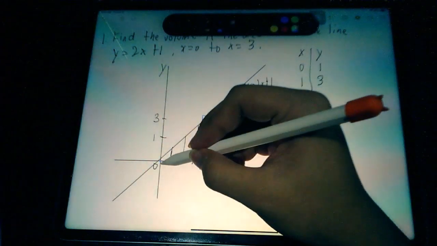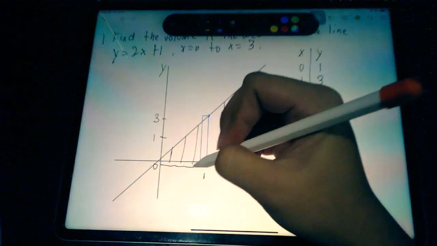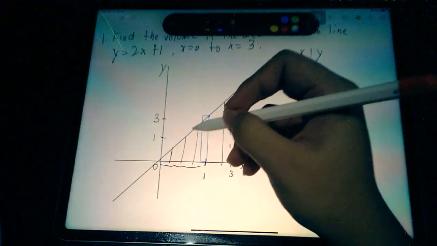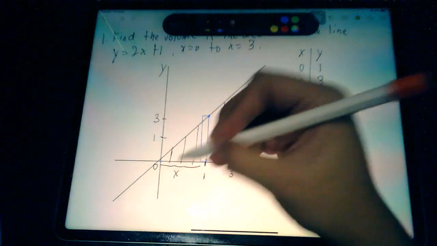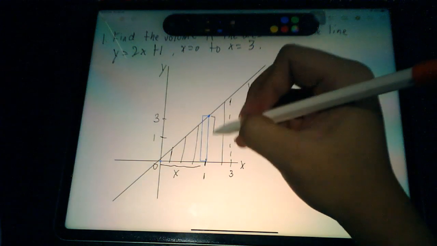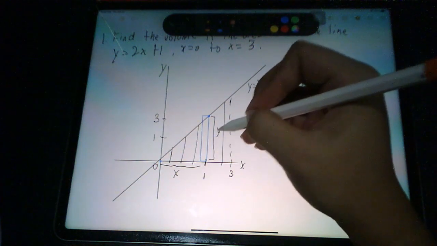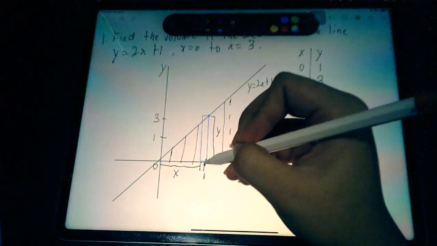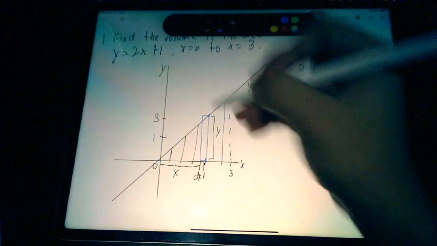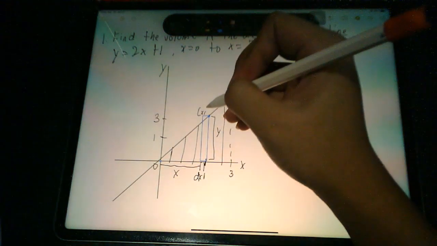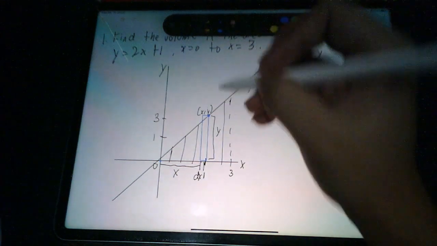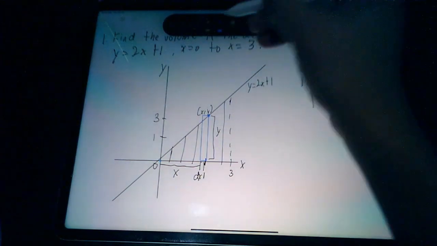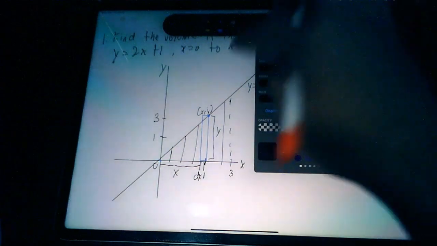From this point to the origin, the bottom of the vertical strip is labeled x, and the height of this is just equal to y, and the thickness here is just equal to dx. Now if we rotate this, it will become a cylindrical disc.